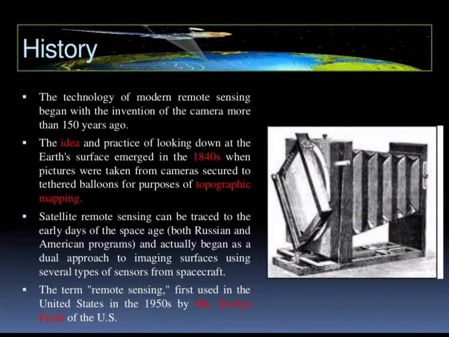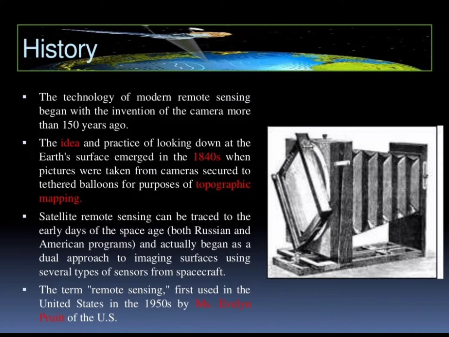Now some history of remote sensing. The technology of modern remote sensing began with the invention of the camera more than 150 years ago. The idea and practice of looking down at the earth's surface emerged in the 1840s when pictures were taken from cameras secured to tethered balloons for the purpose of topographic mapping.